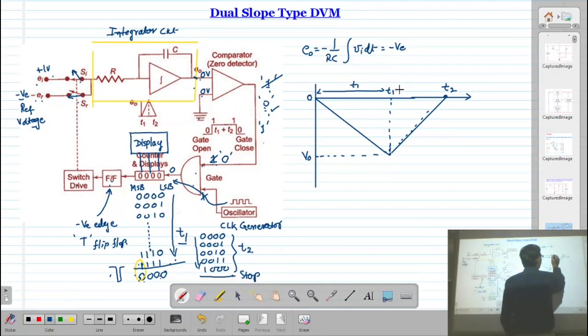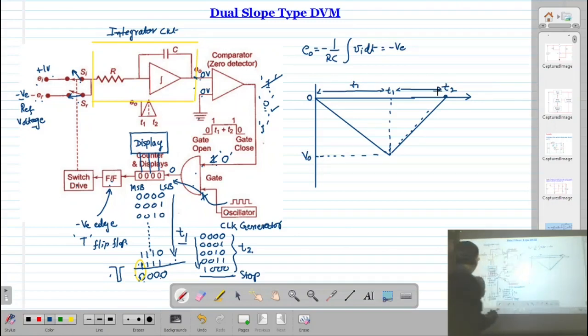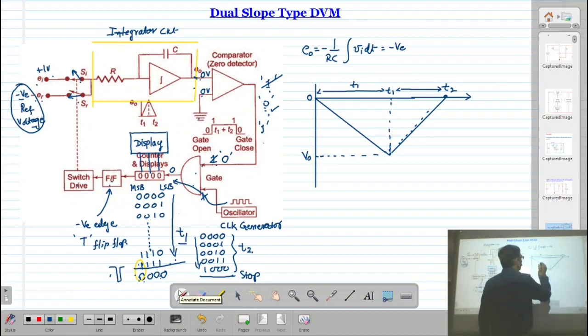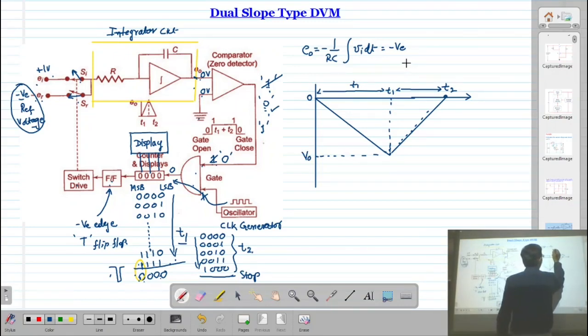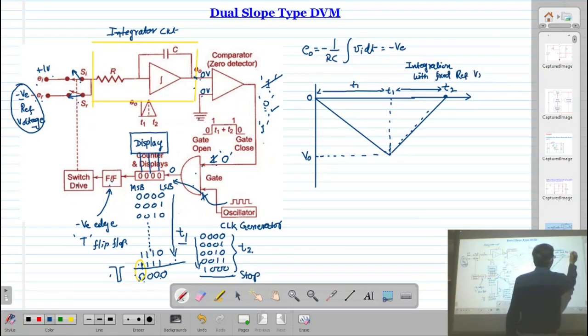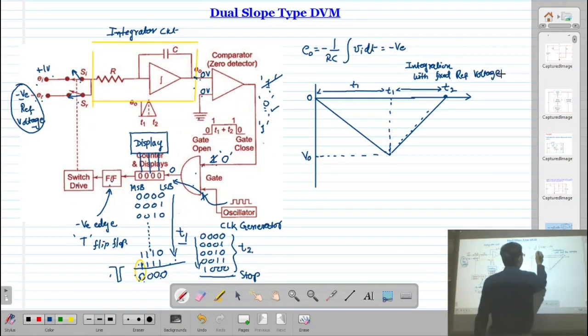So here we have integrated, remember, for a reference voltage, and that reference voltage is fixed. So this is the integration with fixed reference voltage, and this is the integration with fixed time.